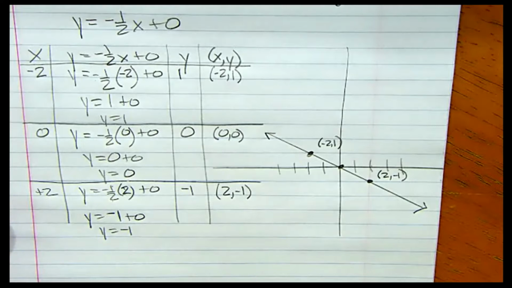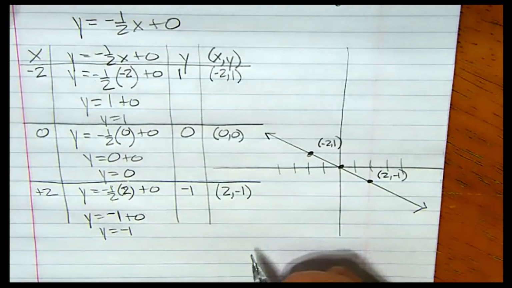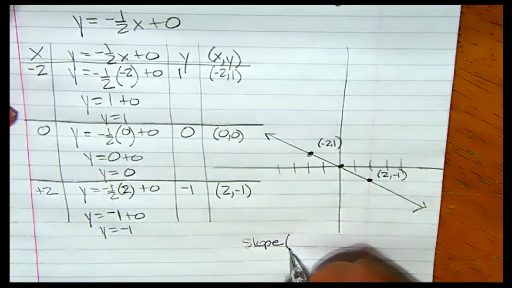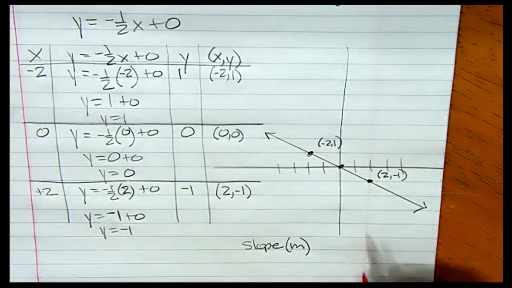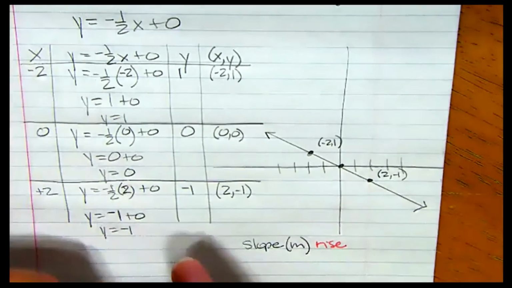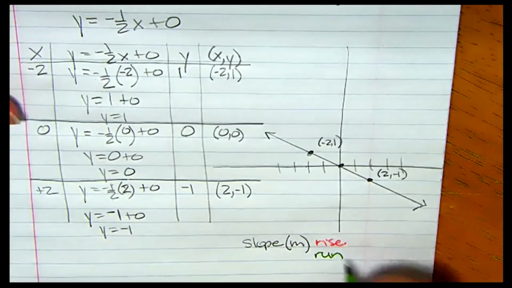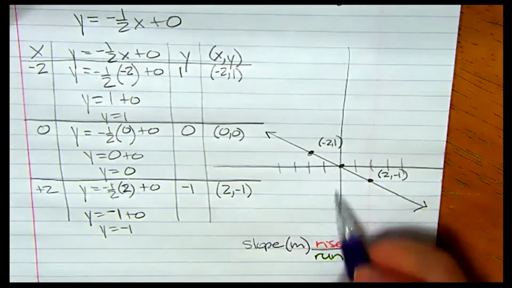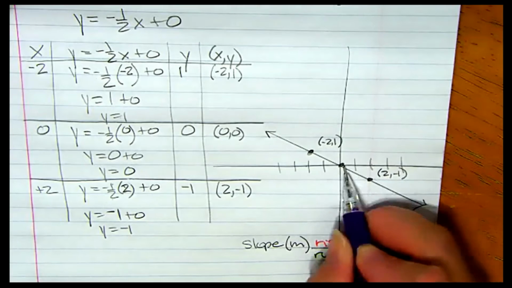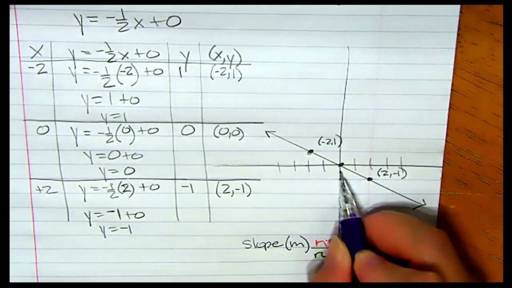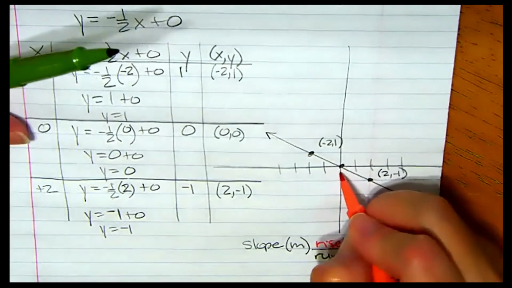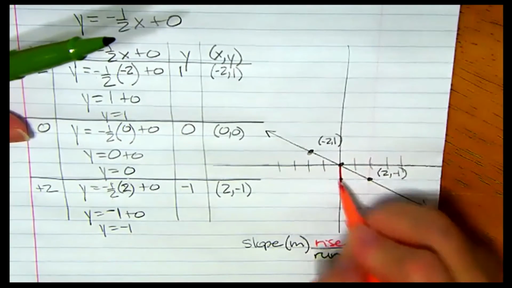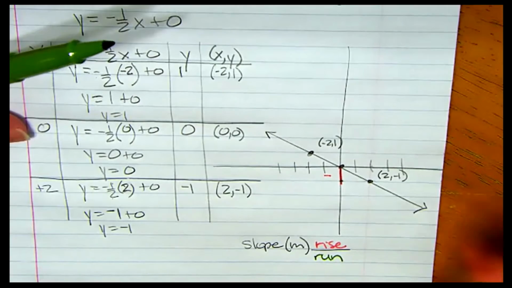The second thing we've been working on is slope. We know slope is m, and that is equal to rise over run. So we're going to pick 2 points. It doesn't matter which 2. I'm going to pick these 2. My rise, I'm going down, so that's negative.